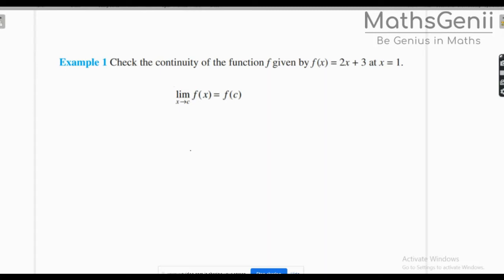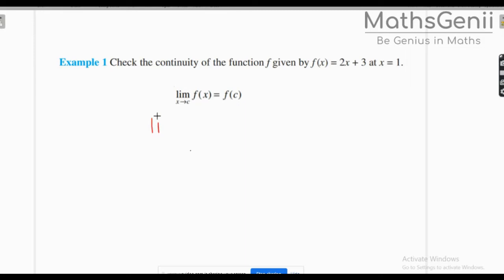Okay. Let's look at this example. Check the continuity of the function f given by, and the point of continuity given to you is x is equal to 1. So now what I have taught you is, firstly you have to see left hand, you have to see right hand, and you have to see at that point.